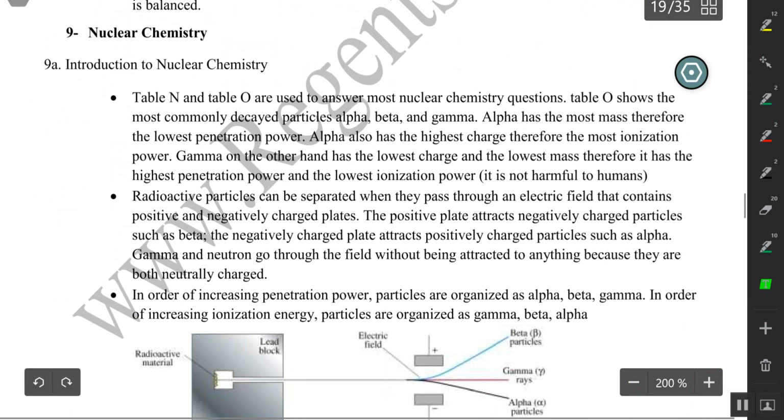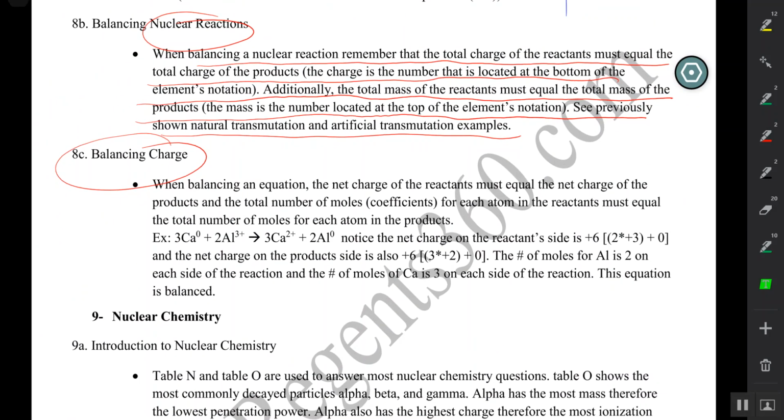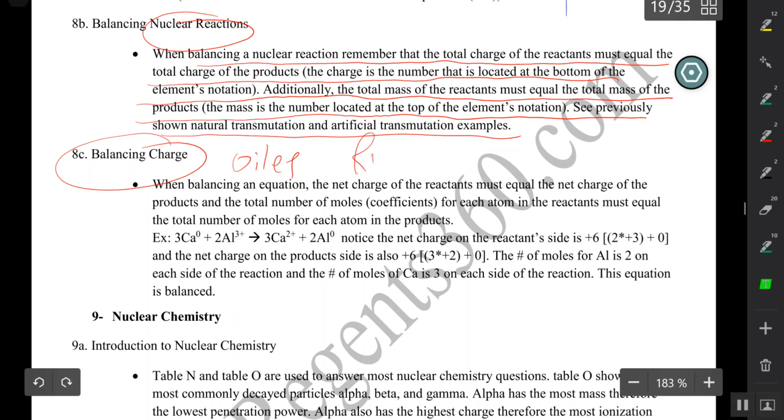Now, moving on to balancing charges. Redox reactions are simply reduction and oxidation reactions. We're going to talk more in detail about what reduction and oxidation are, but right now you need to remember OIL RIG or OIL-IP RIGOR. Some teachers will tell you "Leo the Lion says GER." I don't use that. I use OIL-IP RIGOR. Why?